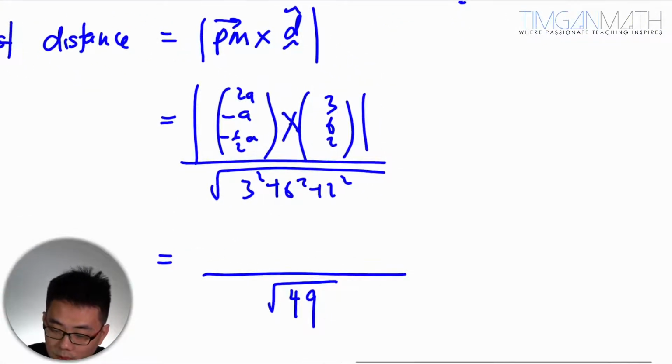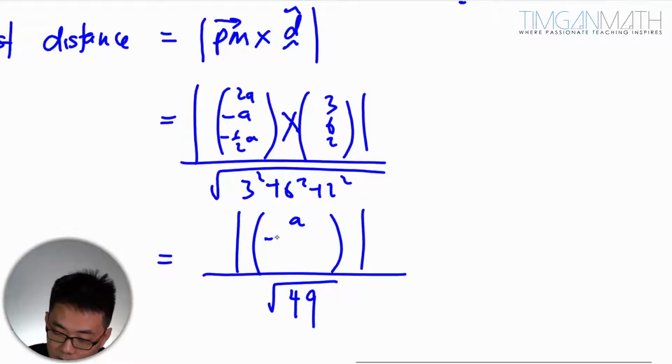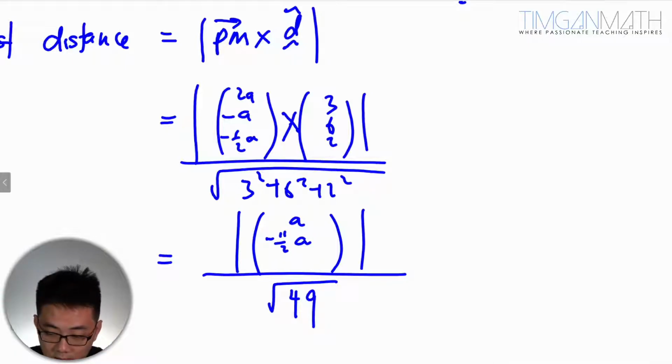I'm going to do the cross product for the vectors on top. So this is minus 2 plus 3, that will be a. Then we get 4 plus 3 over 2. So I am just doing a normal cross product here.